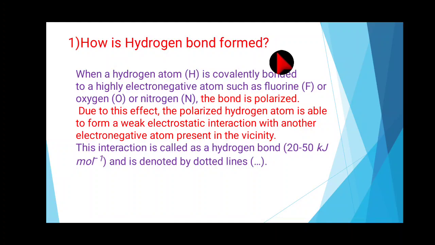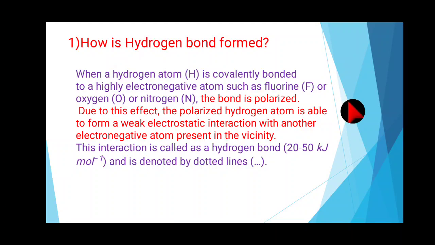The hydrogen is bonded with a highly electronegative atom. So what are the highly electronegative atoms? Usually fluorine, oxygen and nitrogen. These three are highly electronegative atoms. The first place is given to fluorine.